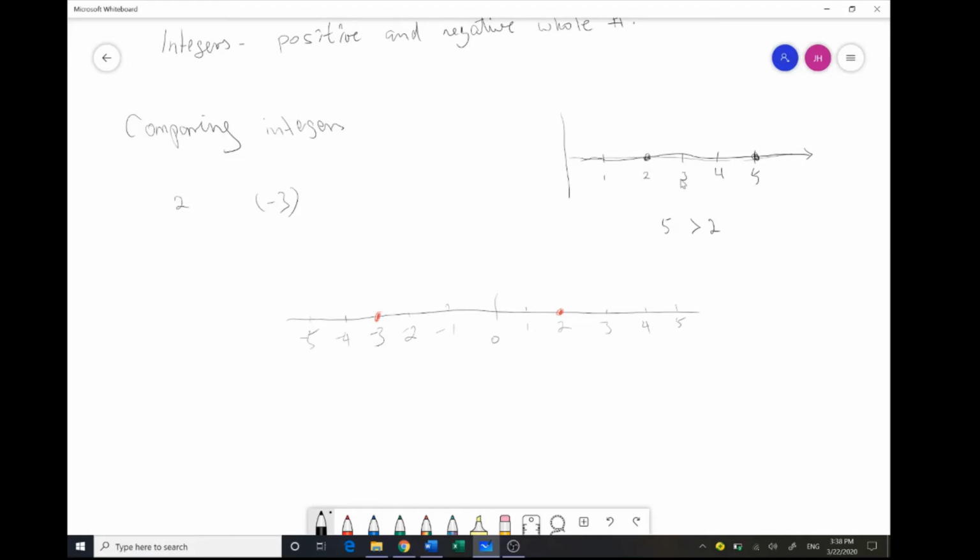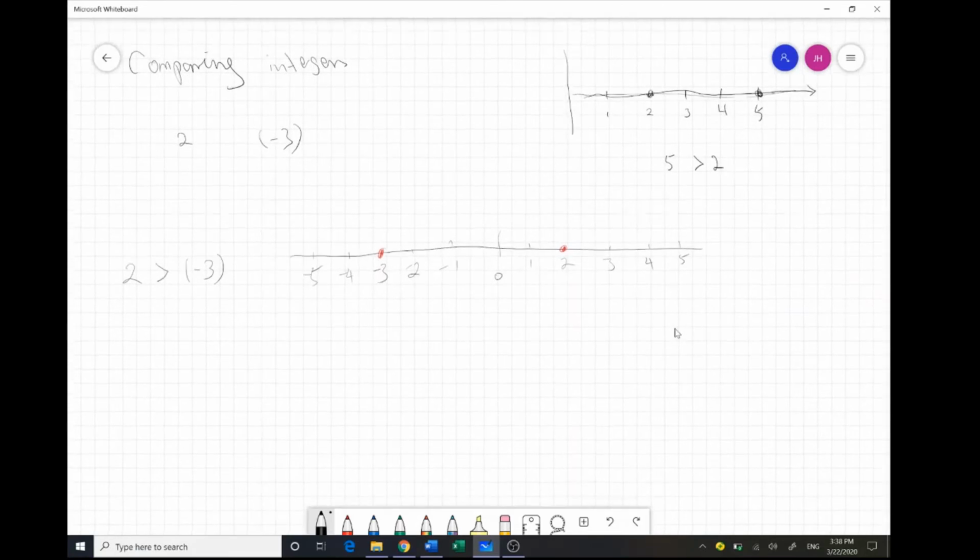Same thing on this big number line we drew here. Because the number positive 2 is on the right side of negative 3, we will say that 2 is greater than negative 3. Okay.